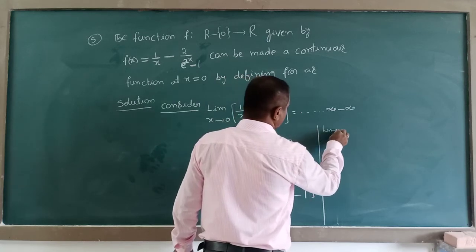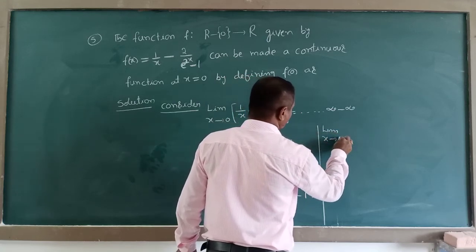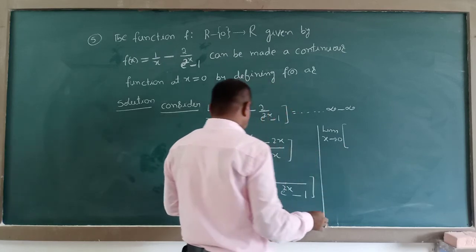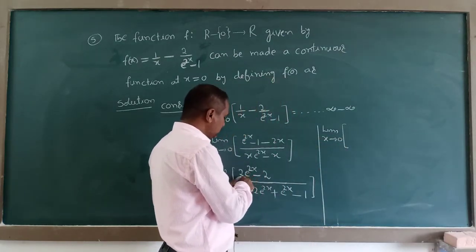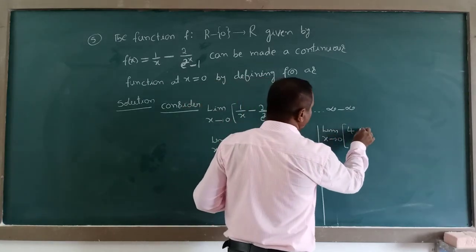Limit x is tending to 0. d by dx of 2 e power 2x is 4 e power 2x.